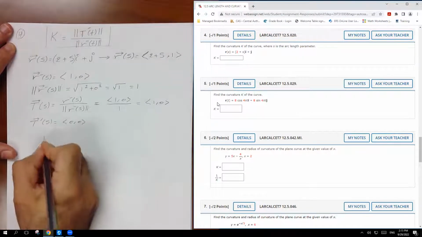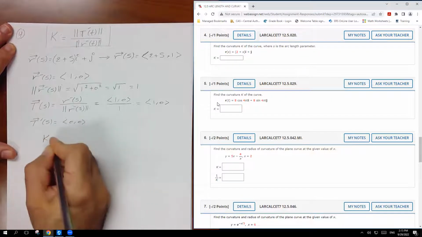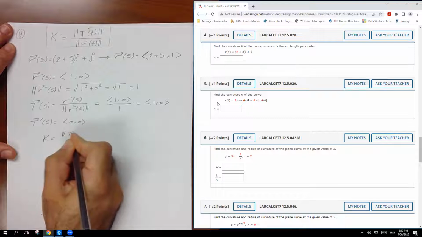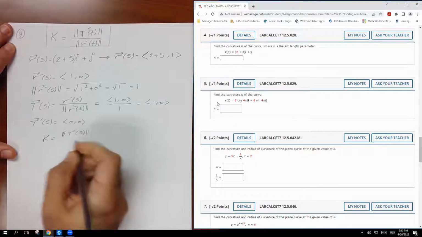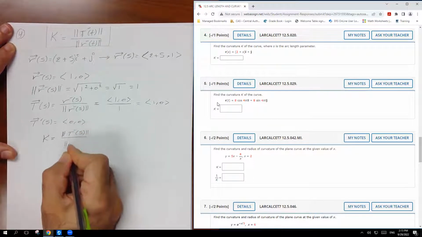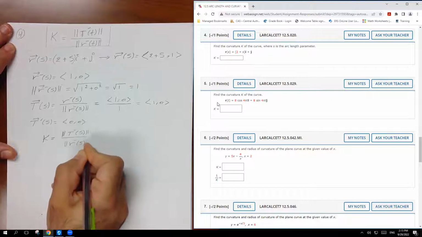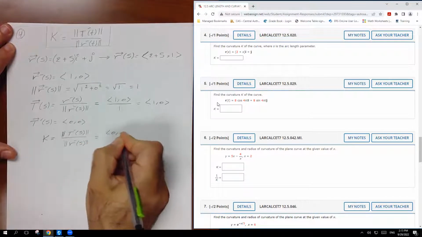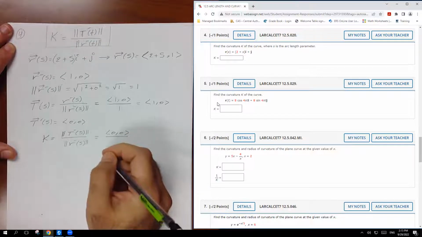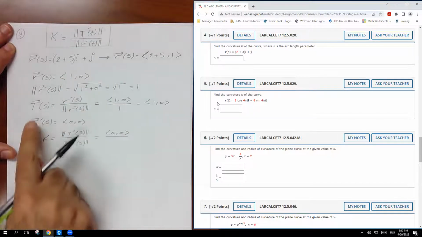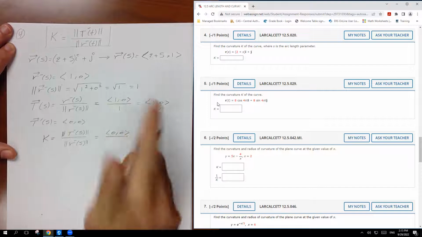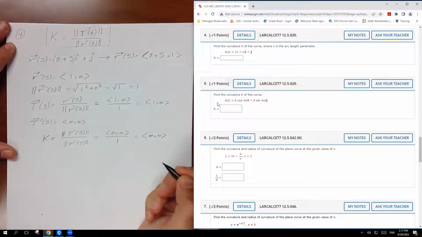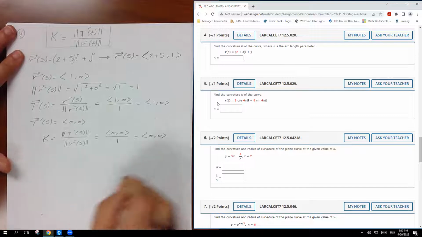Then the curvature is going to be the length of T prime of s divided by the length of r prime of s, which is 0 divided by 1.